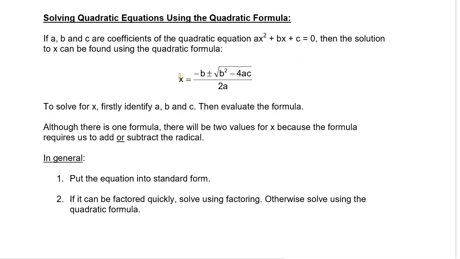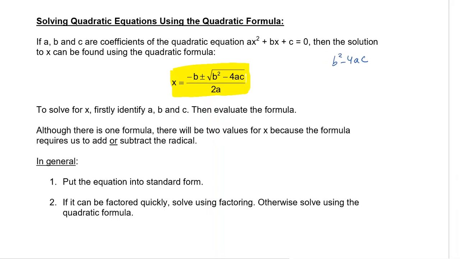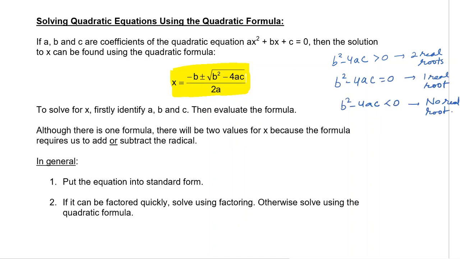Then the solution is found by using this formula: x equals negative b plus minus square root of b squared minus 4ac, over 2a. If you remember, the expression under the square root, b squared minus 4ac, is also called the discriminant. We discussed that if this is positive, we get two real roots.